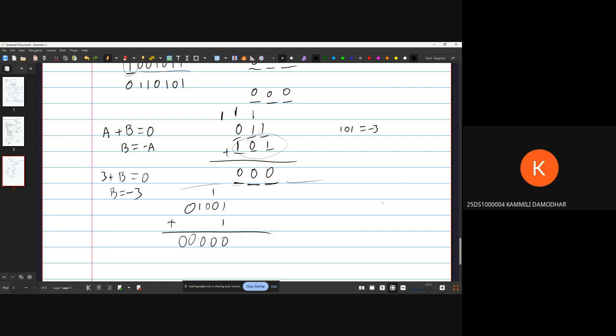Again 1, again 1, again 1. 0, that is correct. We get a 0 over here. 1 plus 1, so we get a carry out. We cannot do anything with that carry out. So this is the result. So can I say 10111 is negative 9? Yes, so this is how we get 2's complement.